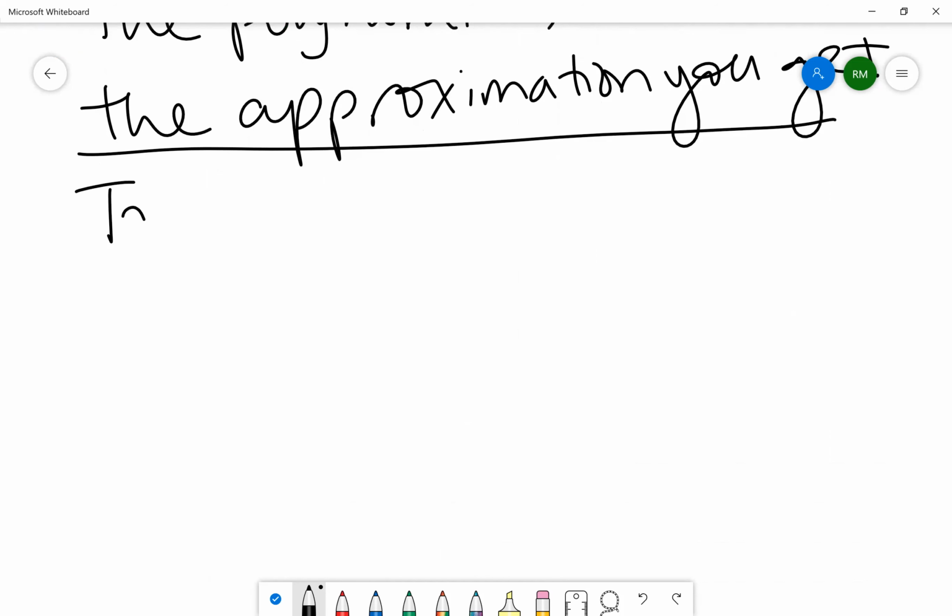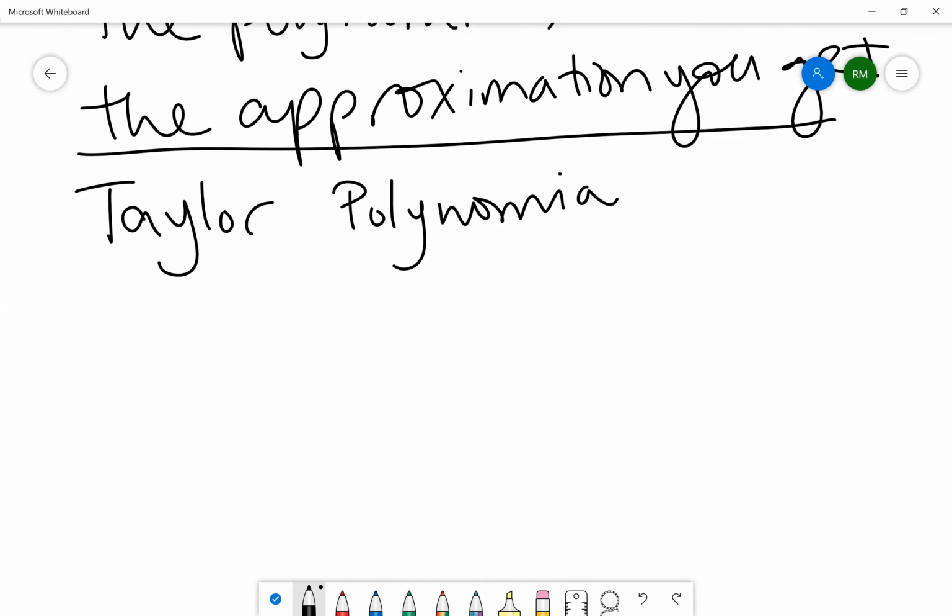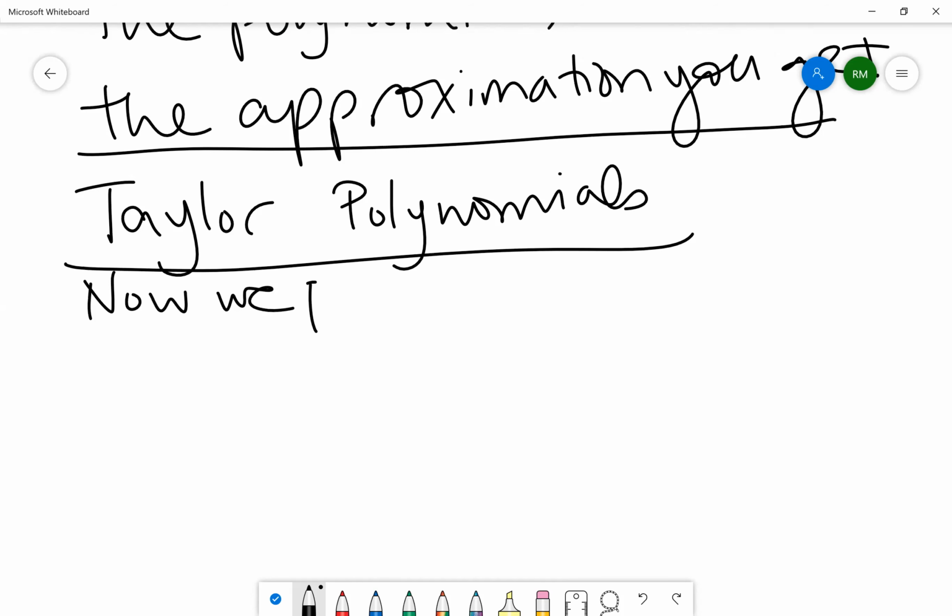So it's a new section. And we're going to actually do this around any value of c. So now we pick c to be any x value we want, some fixed x value.